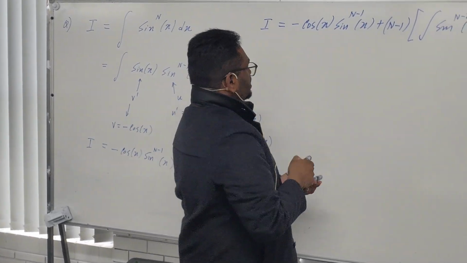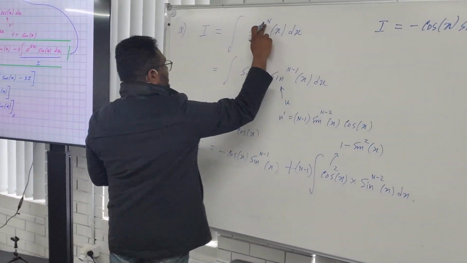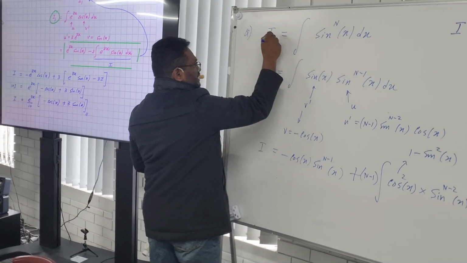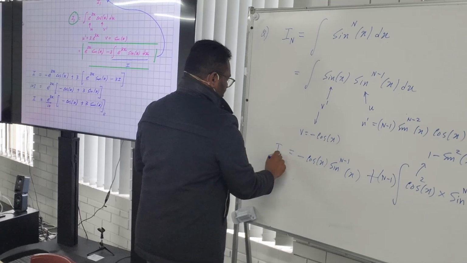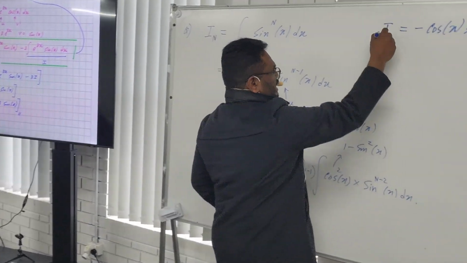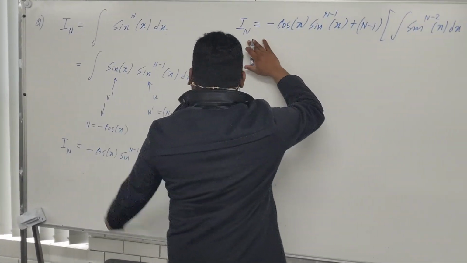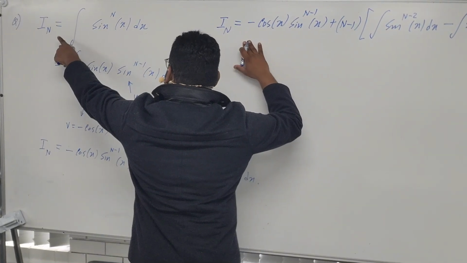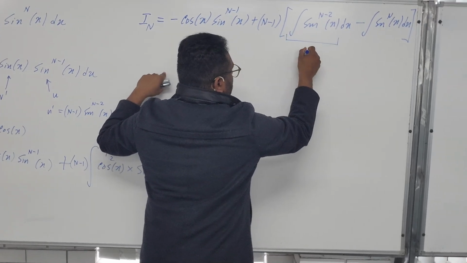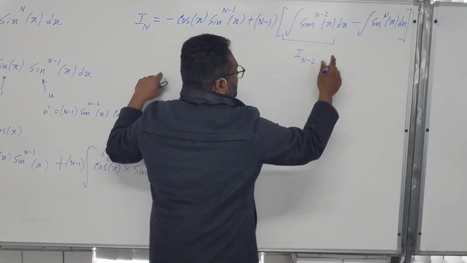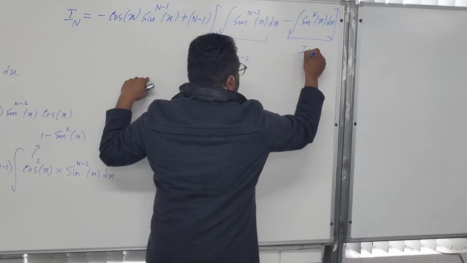Okay, so this is the n term, right? You say this is I_n because you are using the generalized n. So when you use n, I_n pops up here. This is nothing but I_(n-2), and this is nothing but I_n.